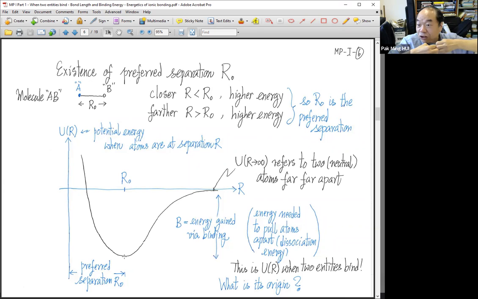On the other side, if you make the two atoms too close to each other, it's not good energetically for several reasons. There is nuclear positive charge Coulomb repulsion. Repel means, you know, it goes up, right? The potential energy curve. Secondly, if you want the nuclei to be too close, the electrons have to follow.